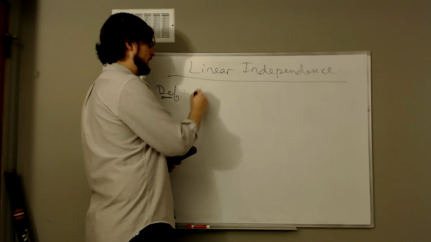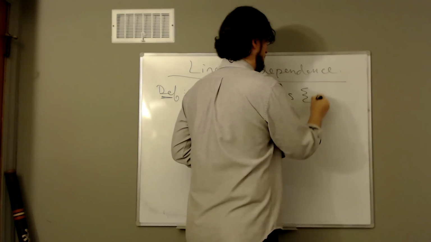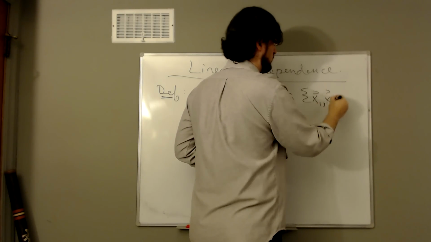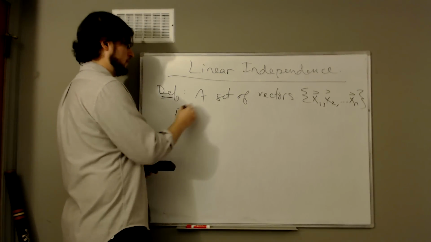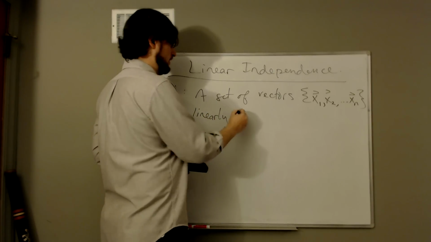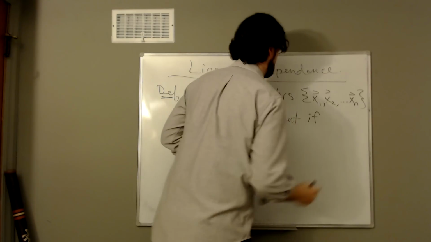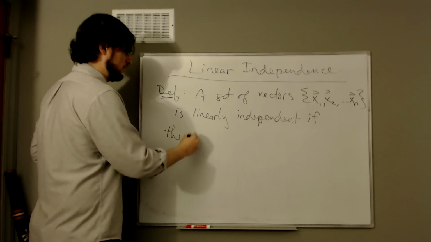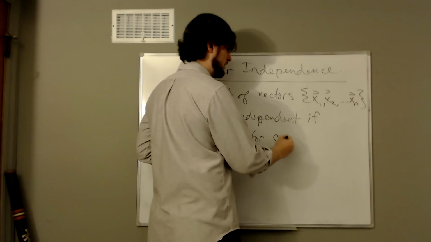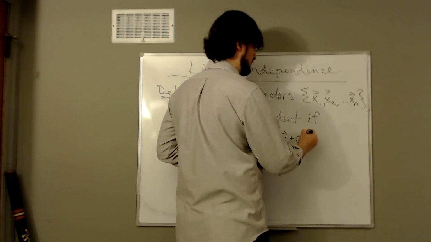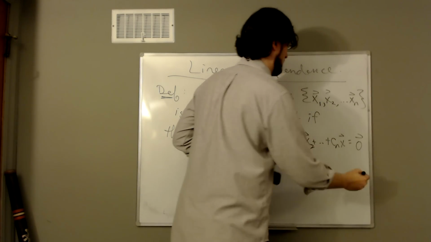And we say that a set of vectors x1, x2, all the way through xn, is linearly independent if the only way for c1 x1 plus c2 x2 plus cn xn equals 0.